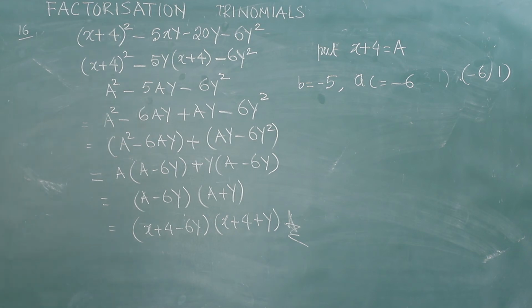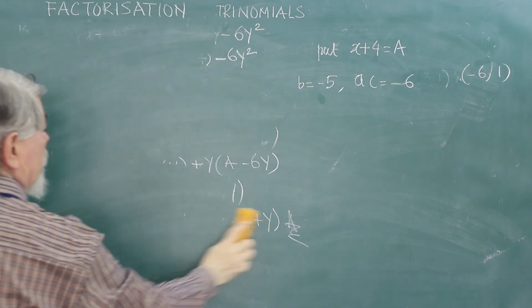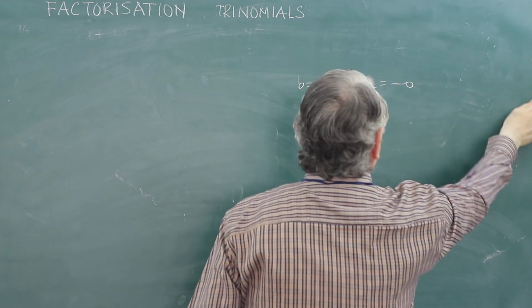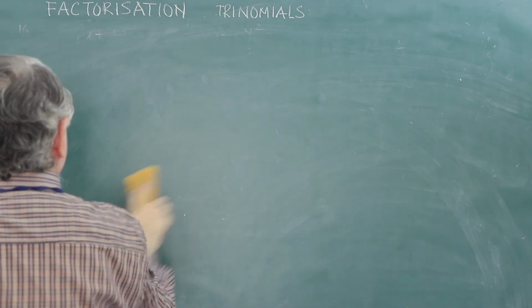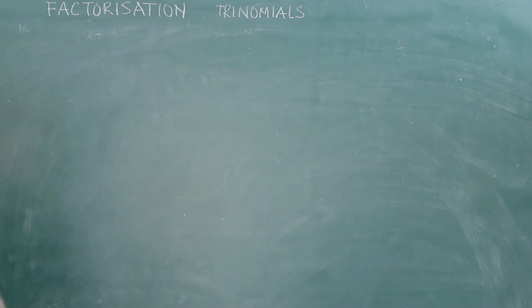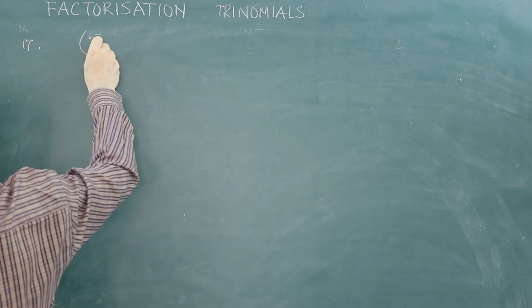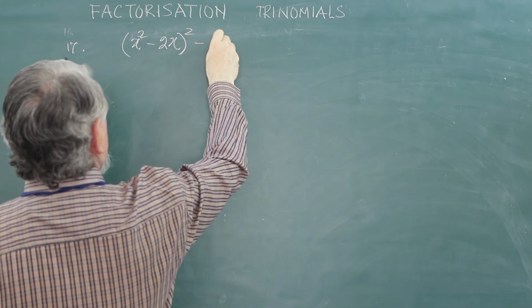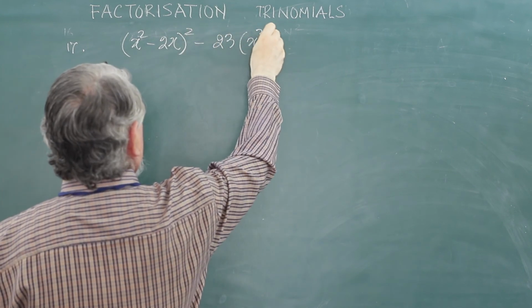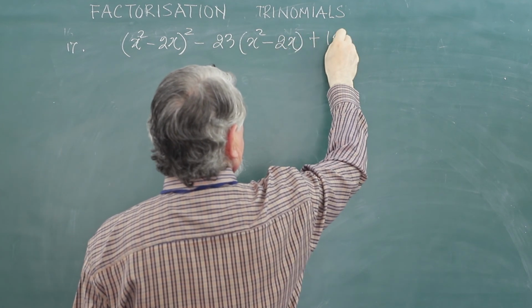Now we have question number 17. I have x square minus 2x whole square minus 23 times x square minus 2x plus 120.